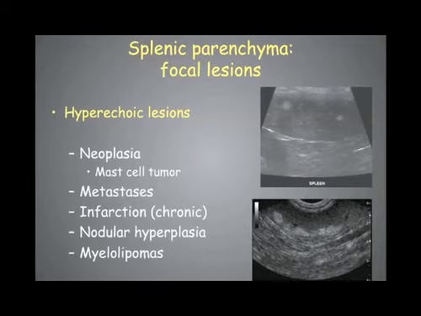They are totally incidental and present no problem for the dog or the cat. It can also be some types of nodular hyperplasia. But rarely, those hyperechoic lesions can also be due to neoplasia, like in mast cell tumors or with some kind of metastasis. Here we have an example of a hyperechoic lesion dispersed through the splenic parenchyma.